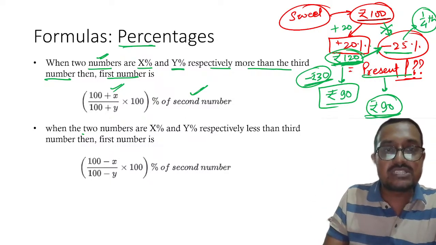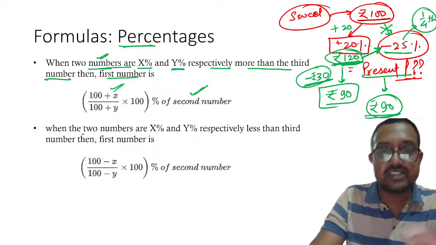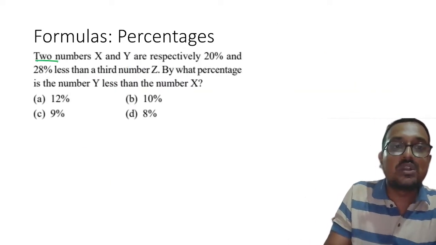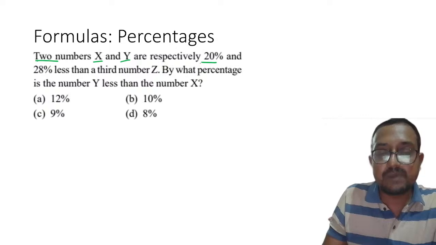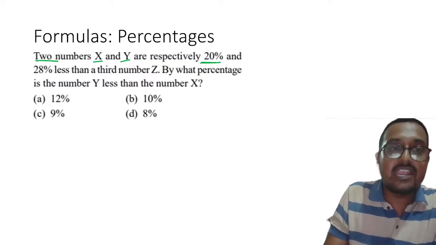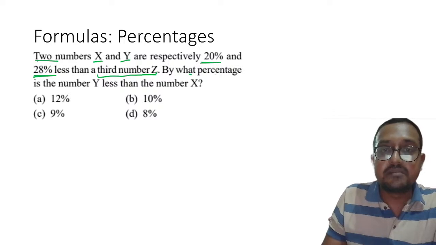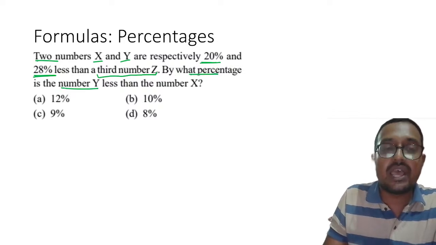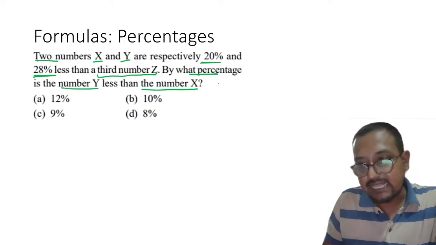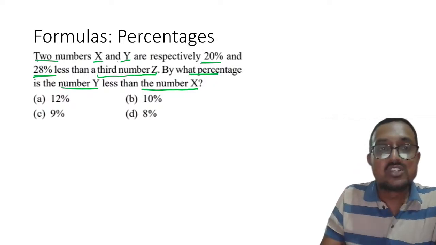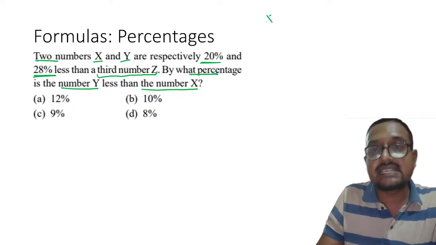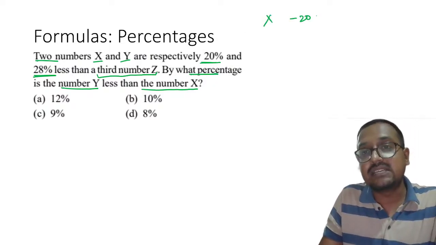Let us try to understand it by a question. Two numbers x and y are respectively 20% and 28% less than a third number z. By what percentage is the number y less than number x? Understood? So what it is doing over here, x is 20% less than z.